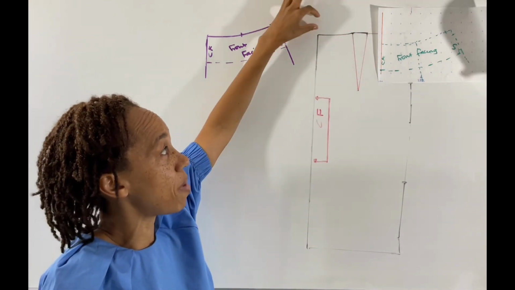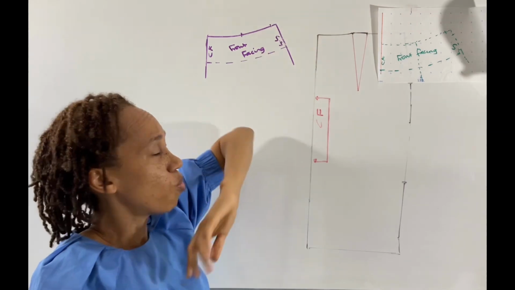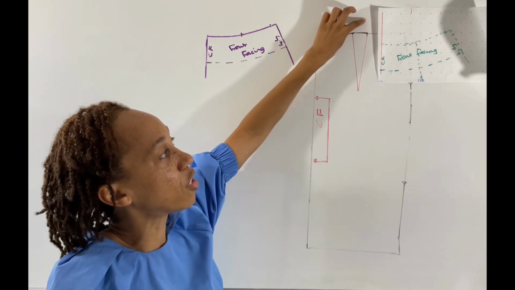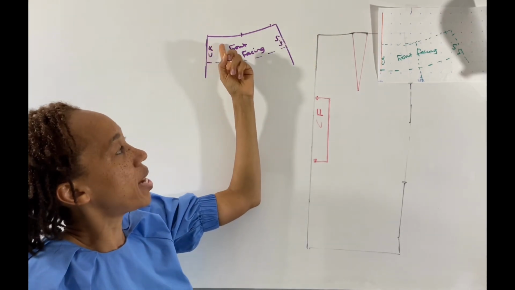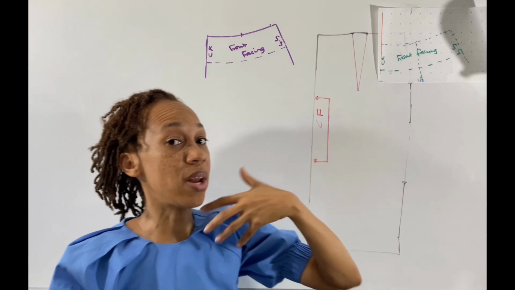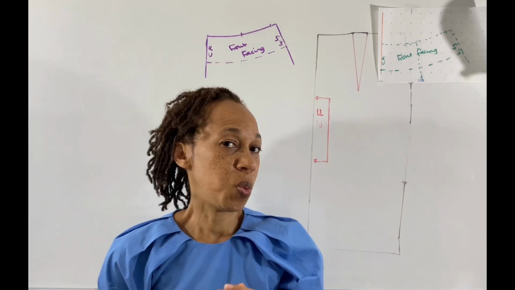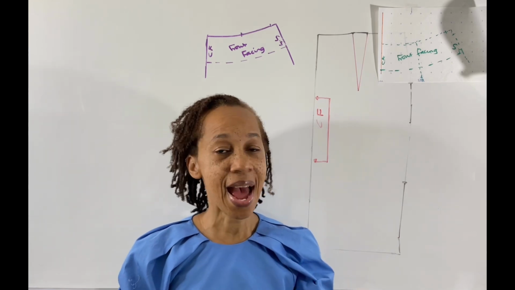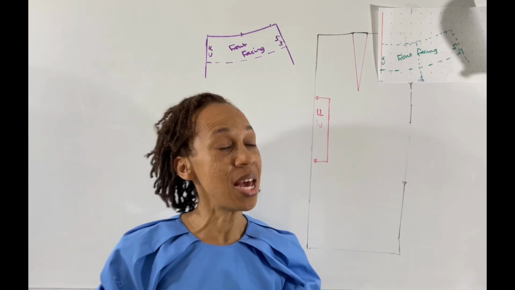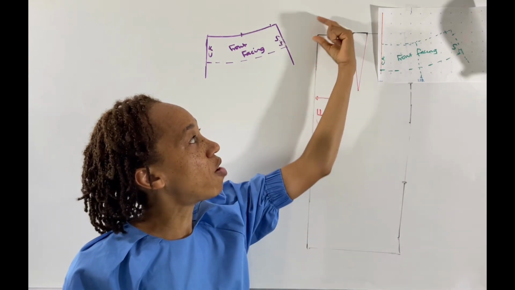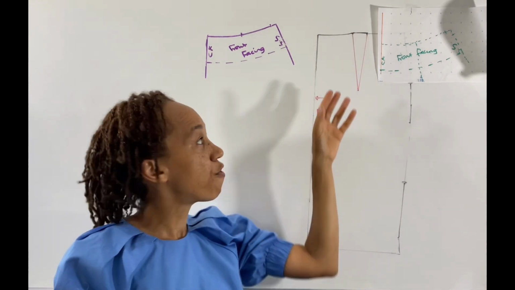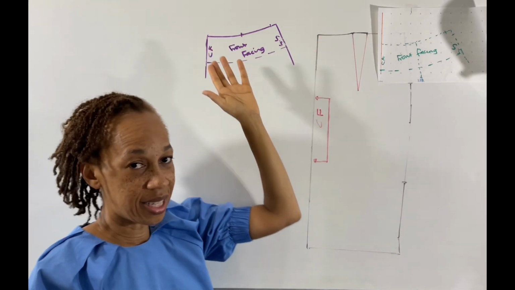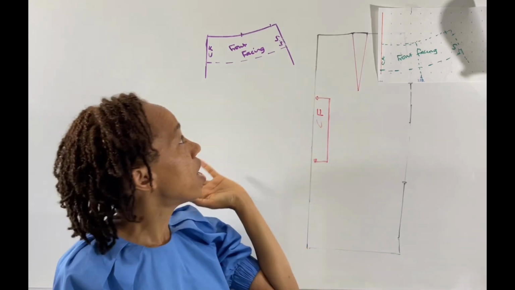You can go further up, maybe 1 inch up or 1.5 inches up to how high you want that waist to be, so you can go up more on the pattern piece, and also when you're doing it on the facing, so you can opt to do that also. So you don't have to necessarily have it just sitting at the waist. You can have a high waist, and it depends on how high you want that waist to be. Then you can determine the amount of height you want to go up from the original waist pattern and also on the facing. So this is just for the self facing.